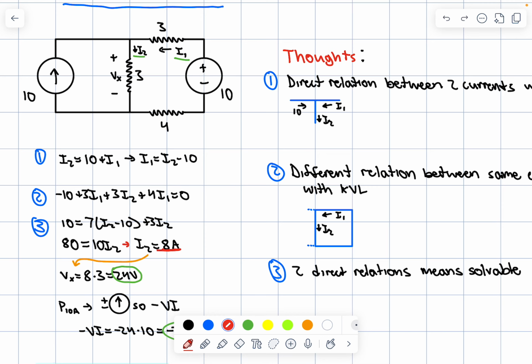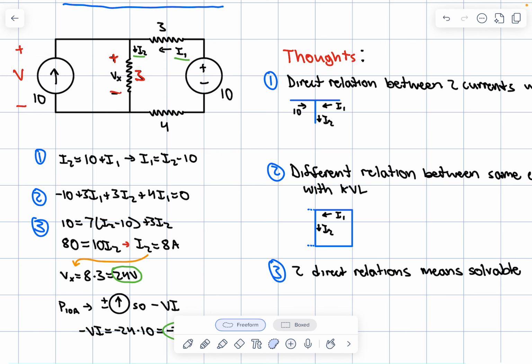So I do just that. We find I2 to be 8 amps, and then we use that little parallel trick yet again. We know that Vx here, plus minus, across this 3 ohm resistor is the same as the voltage across this 10 amp source, right? Because they're directly in parallel.